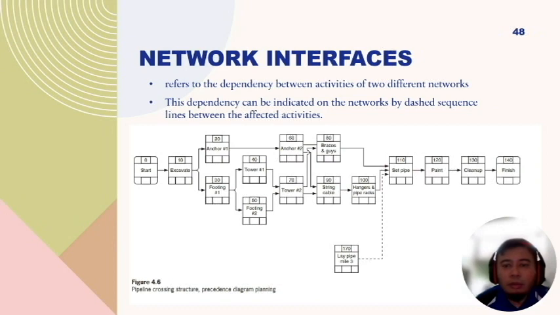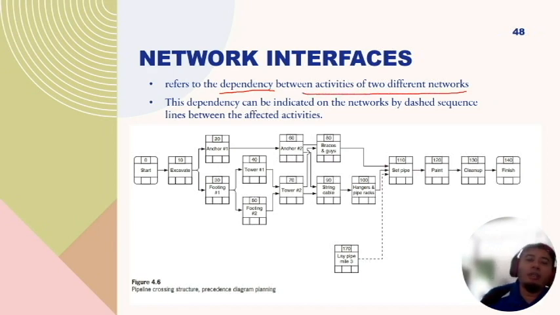Next, let's discuss network interface. Overall, the precedence diagram looks like this. Network interface refers to a dependency relationship between activities of two different networks. This dependency can be indicated on the networks by dash sequence lines between the affected activities.